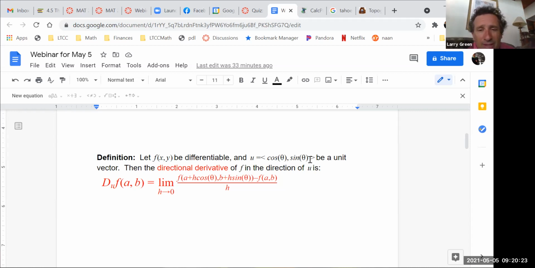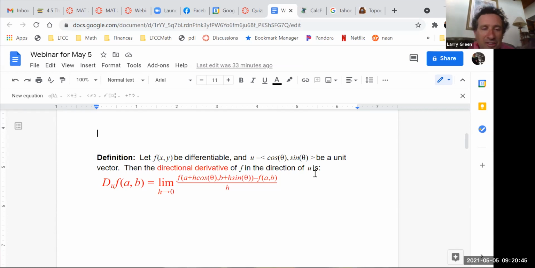So let's suppose you have a unit vector. And by the way, if you don't have a unit vector, you can always make it a unit vector by dividing by the magnitude. Then the directional derivative. Again, this is a biggie today. The directional derivative of f in the direction of u, which is like I showed you on that map.